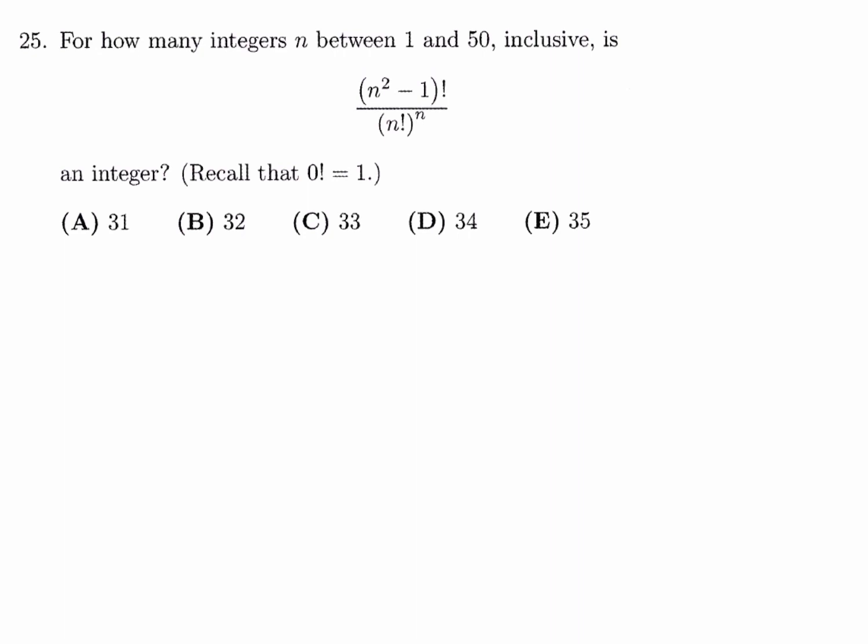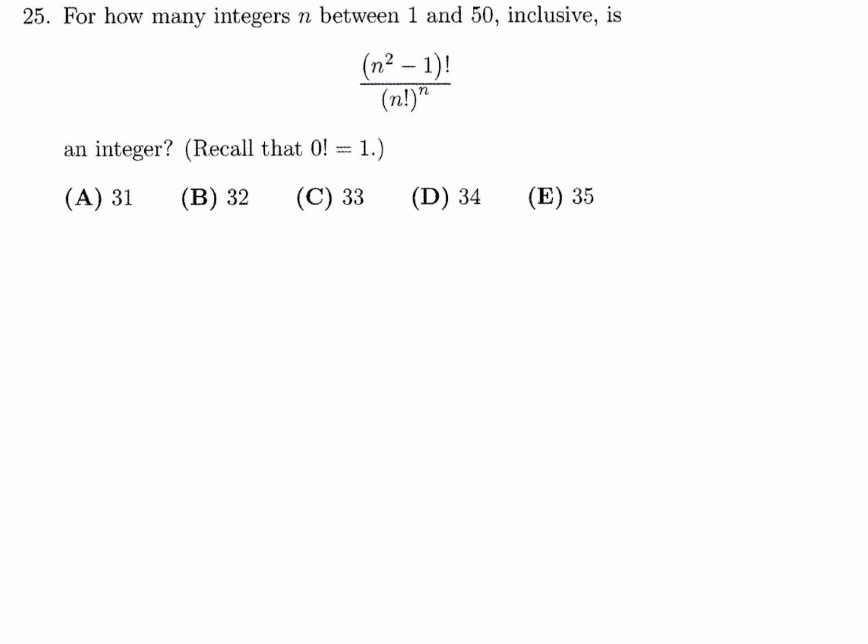For how many integers n between 1 and 50 inclusive is n squared minus 1 factorial over n factorial to the power of n an integer? Recall that 0 factorial is equal to 1. Well, let's think about this for a second.